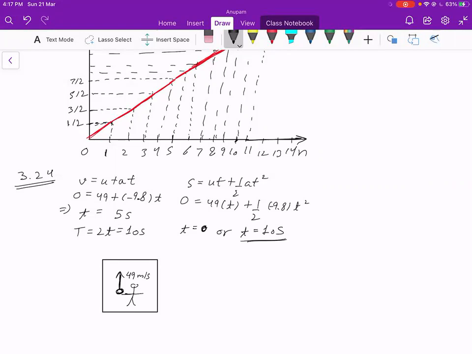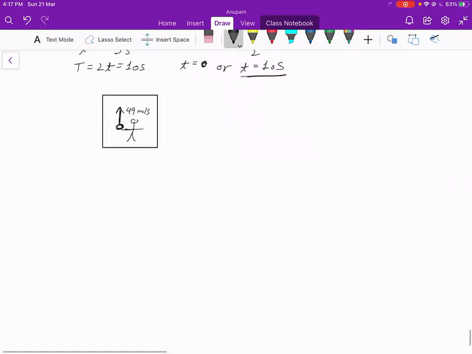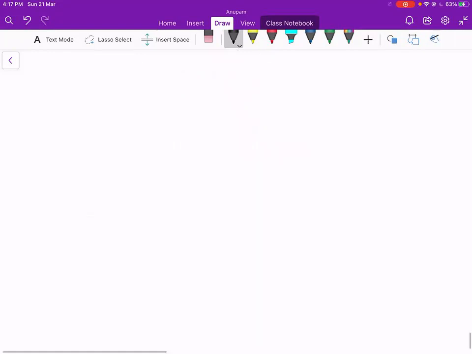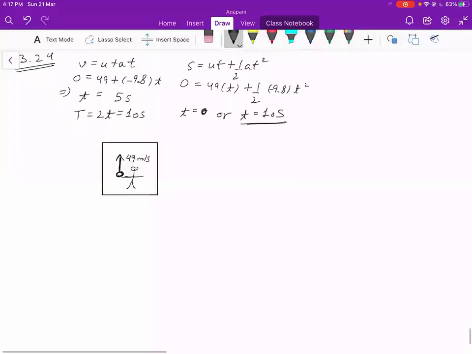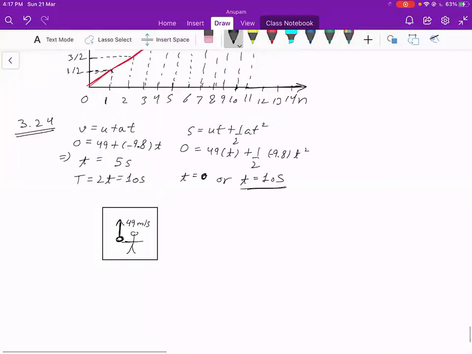Okay. Let's move to the second part, which is significantly more difficult. If the lift starts moving up with a uniform speed of 5 meters per second, and the boy again throws the ball up with the maximum speed he can, how long does the ball take to return to his hands? So in this case, what is the difference? Now the lift is actually moving up with a speed of 5 meters per second.